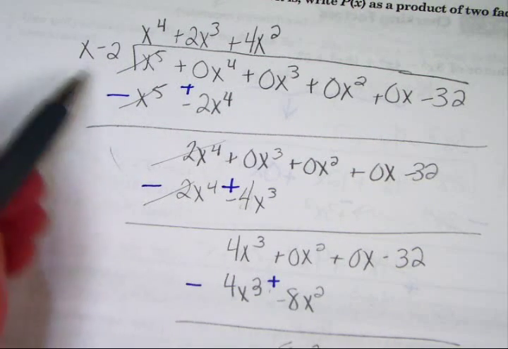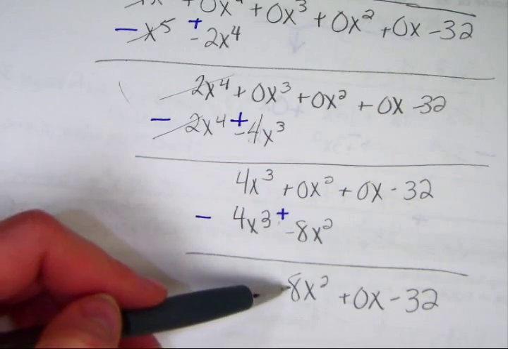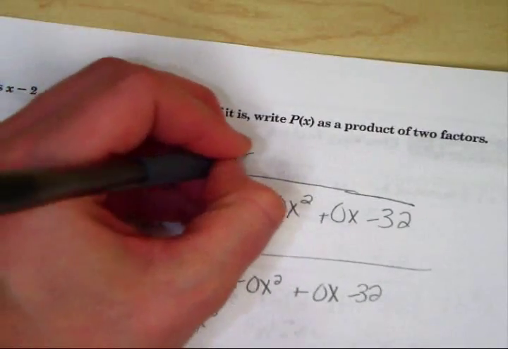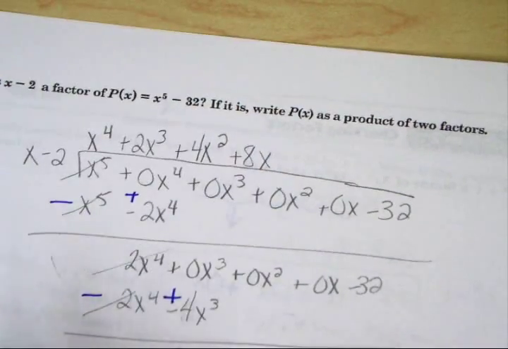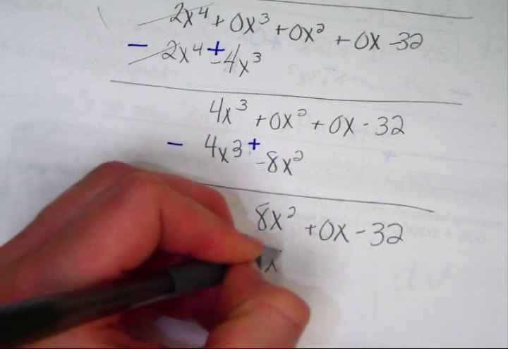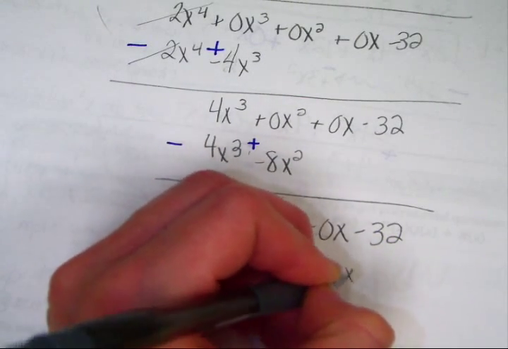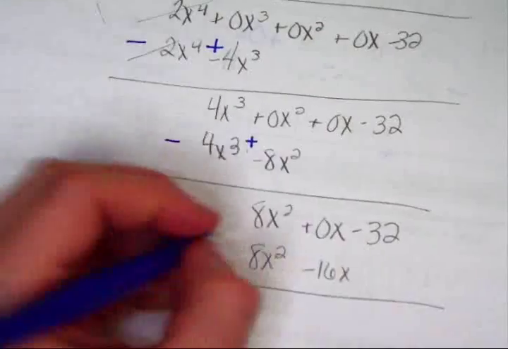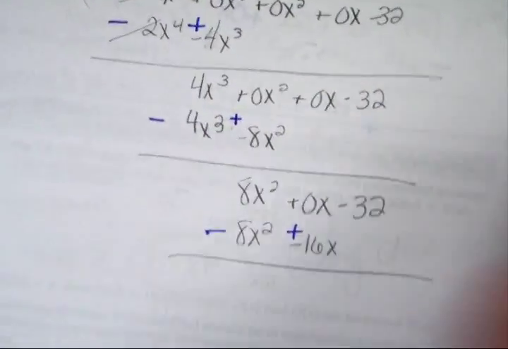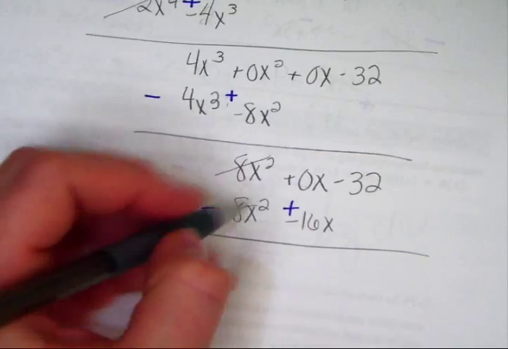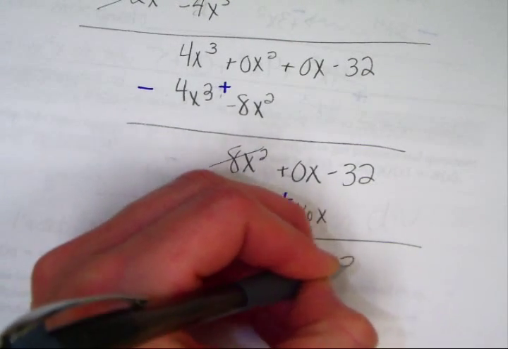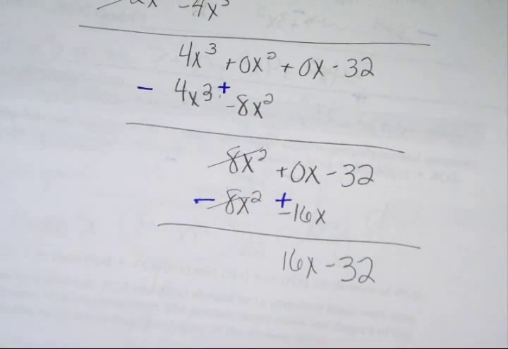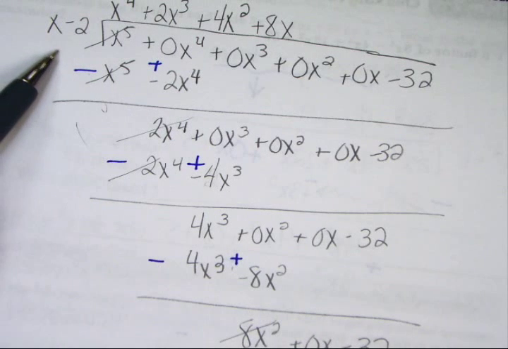Now, what does x need to be an 8x squared? It needs an 8 and an x. Backwards distribute. 8x squared minus 16x. Change your signs. These cancel. 16x minus 32. Now, one more time.